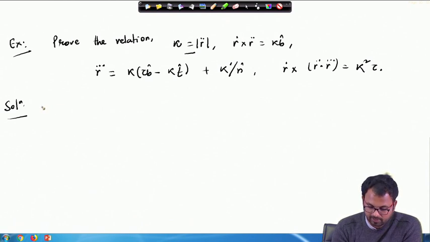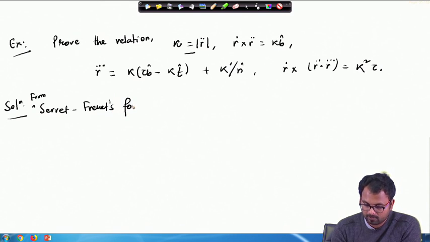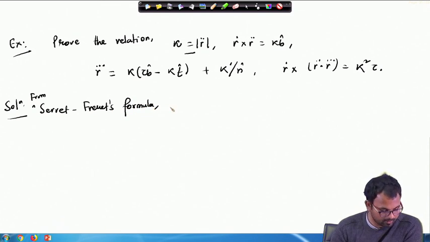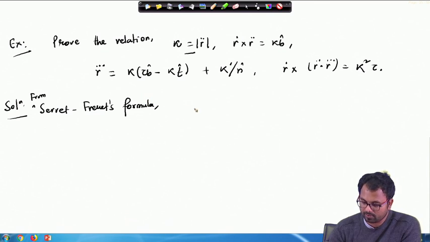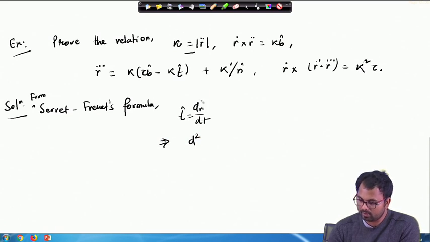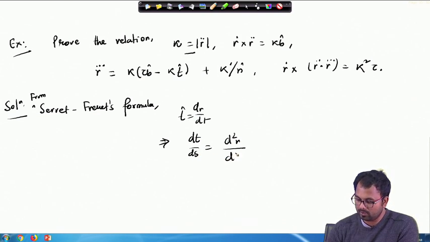So from the Serret-Frenet formula, we have first of all t cap equals to dr/ds. If we differentiate both sides, then it will be dt/ds equals to d square r by ds square.